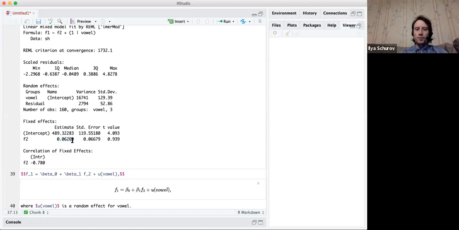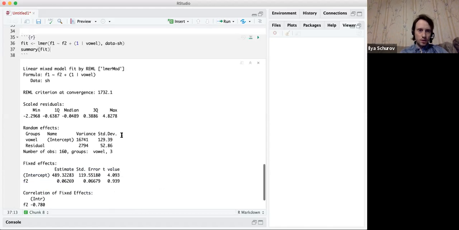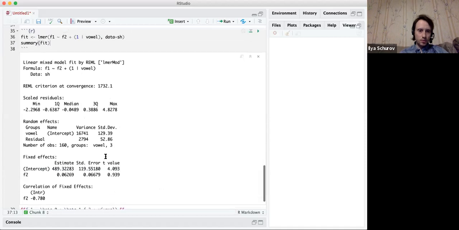And you probably remember that the confidence interval for the value is this value plus or minus 2 standard errors. So in this case, this coefficient is not significant. Actually, let me see how to find the corresponding p-value.